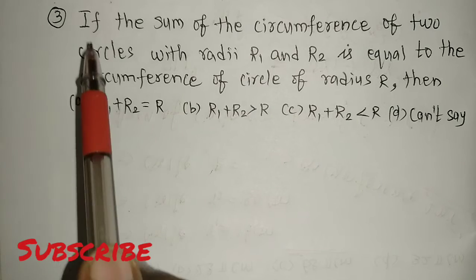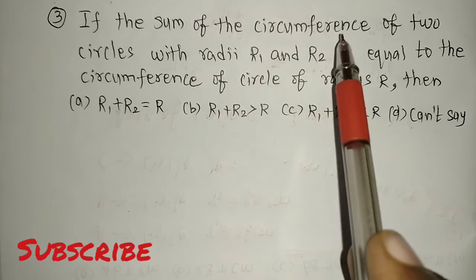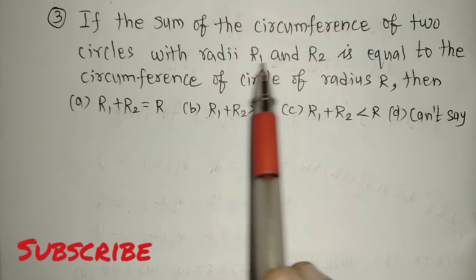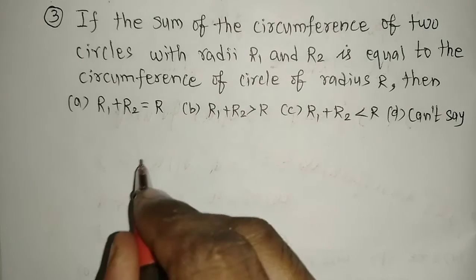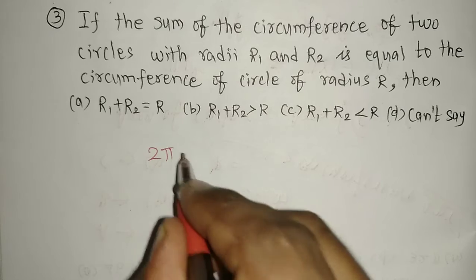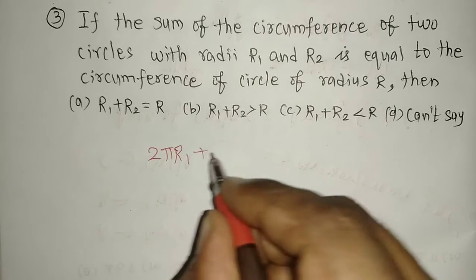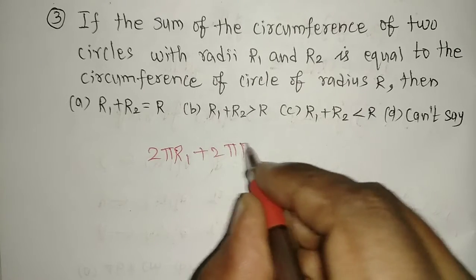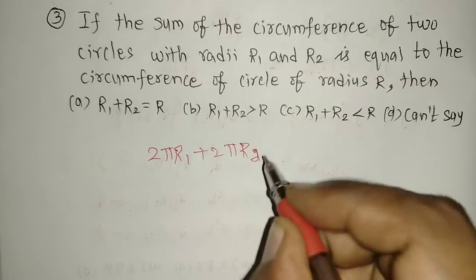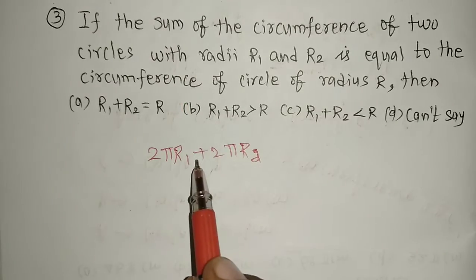Question number 3. They said the sum of the circumferences of two circles with radii R1 and R2. The circumference formula we know is 2 pi R, but here R1 and R2, so we are just adding. Why are we adding? They said clearly sum, and sum in the sense we need to add.